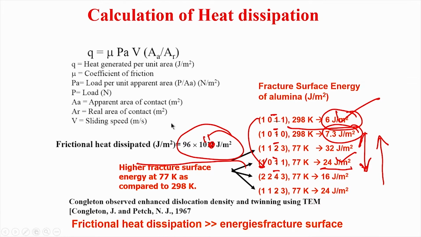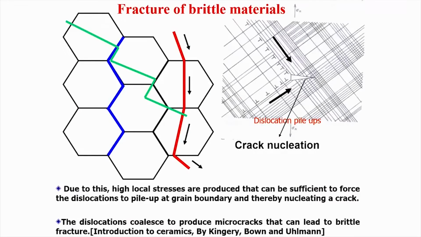So, the frictional heat dissipation energy is certainly much greater than the fracture surface energies. So, what we believe is that if sliding takes place in this way, there are two ways these cracks can propagate. One is intergranular fracture and one is transgranular fracture, when the crack path crosses the grains.